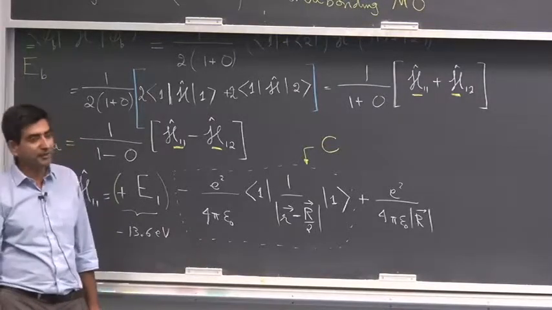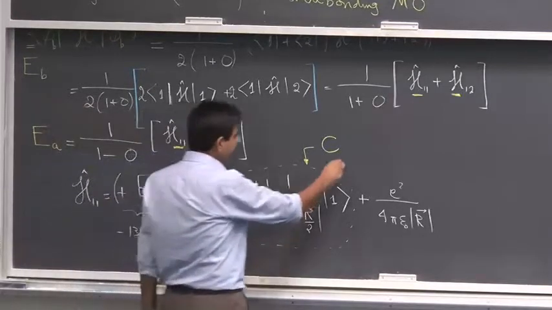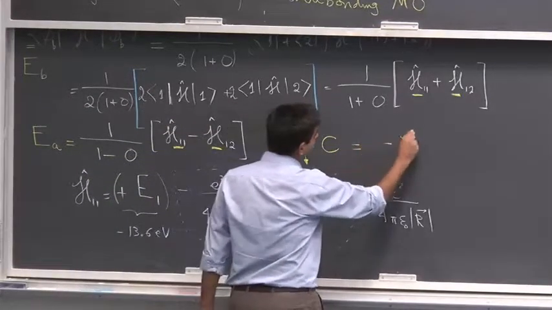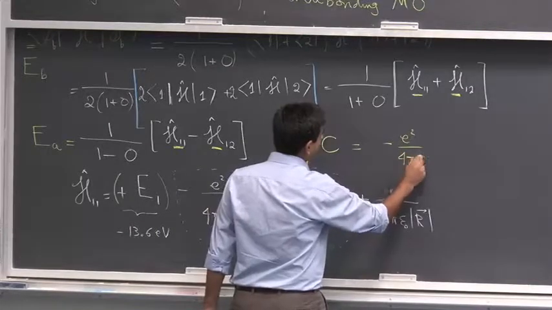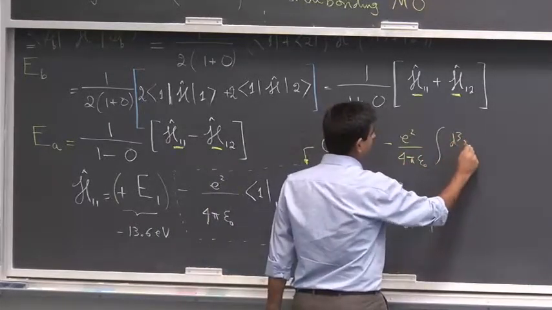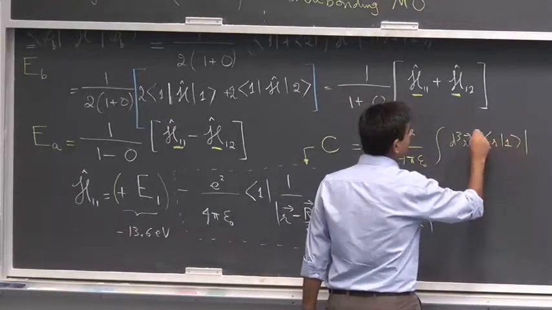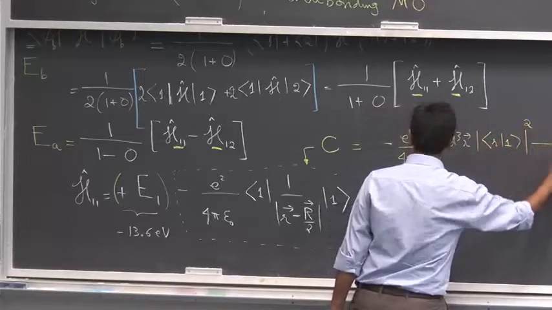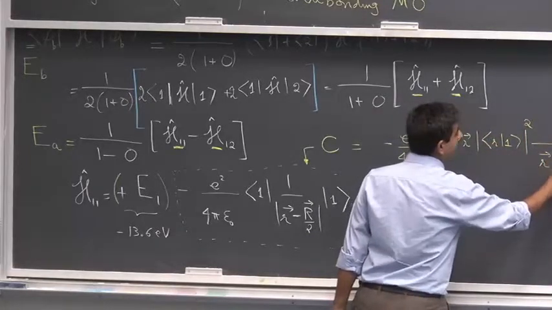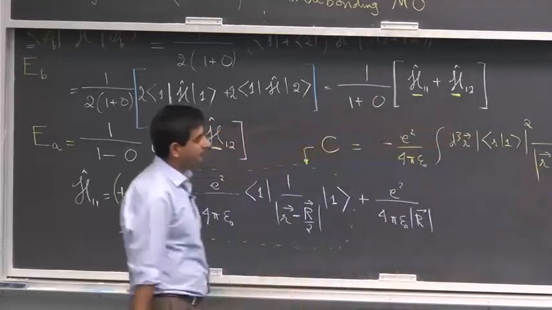This is a Coulombic term and it's negative. It really is equal to minus e squared over 4 pi epsilon naught times the integral d cubed r, |phi 1(r)| squared, times 1 over |r minus R/2|.